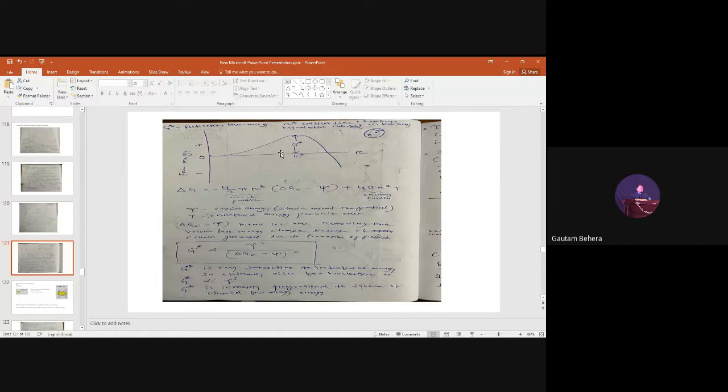Very good. If the size of the precipitate is this much, then growth will take place. It will start growing. You have remembered that, right? So r star is the critical size of the embryo or nuclei formed in the matrix here.